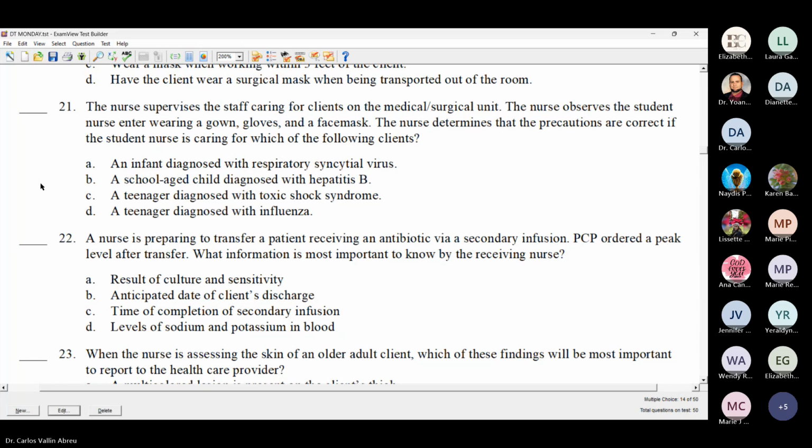A teenager diagnosed with influenza. Influenza is droplet precaution, and influenza requires a face mask. It is the most appropriate of those.